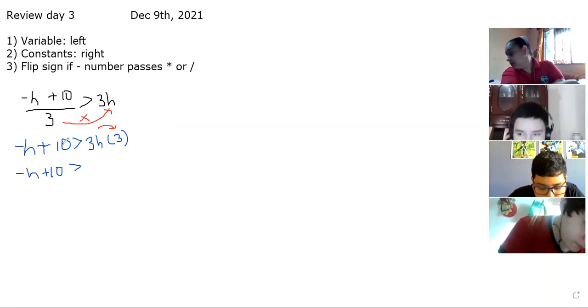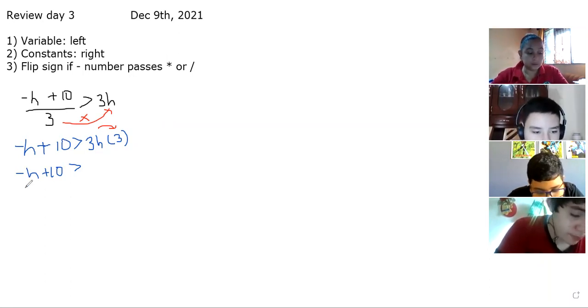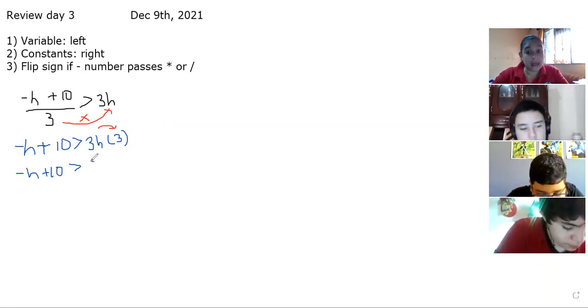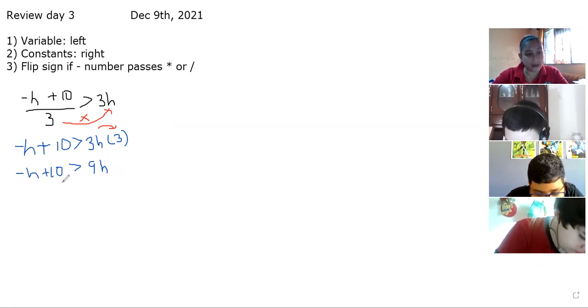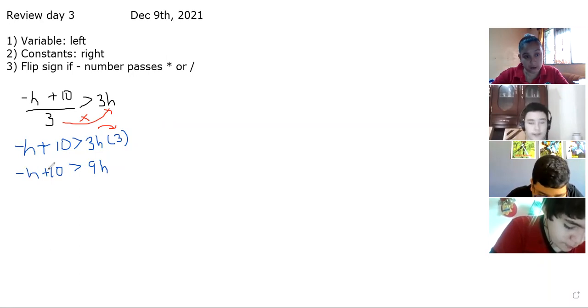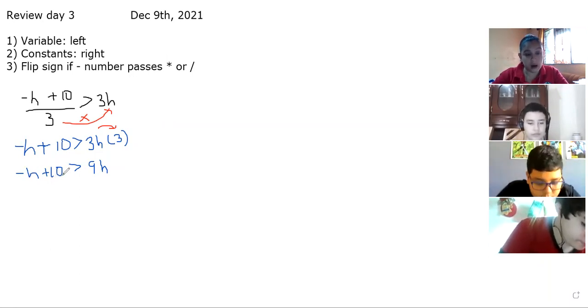How much is 3h times 3? 9h. 9h. Very good, Javier. Okay, now we're done because we cannot simplify anything at the left. There's no like terms. This is the term with the variable. This is a term that has no variable. Therefore, you can do nothing in there.